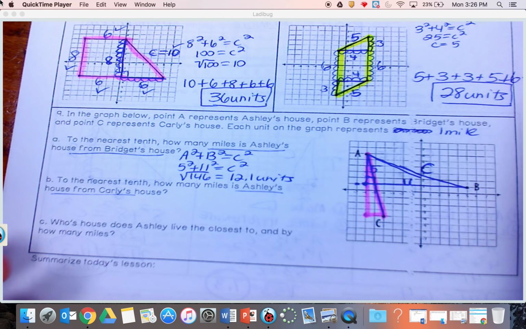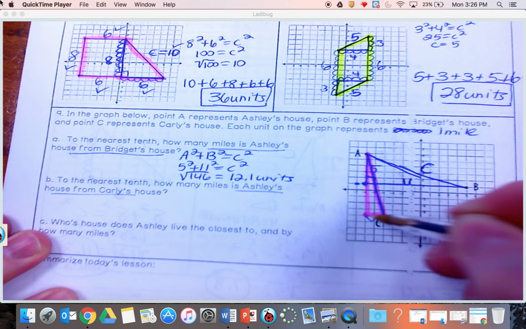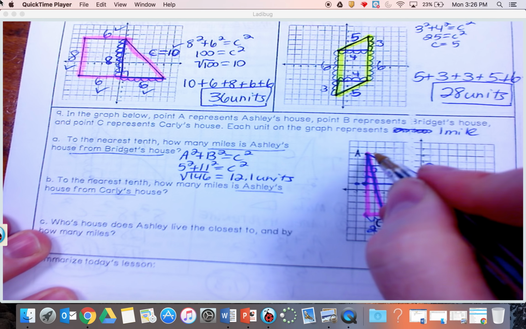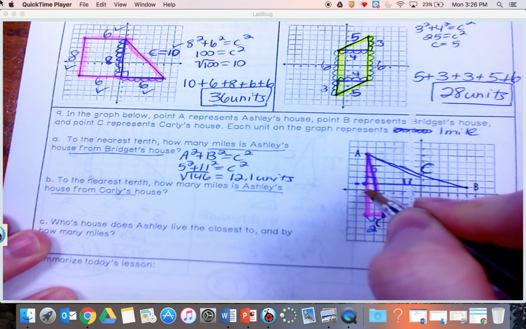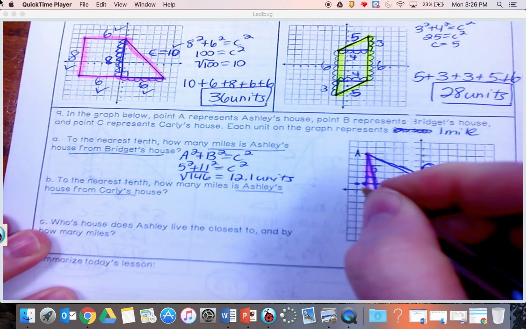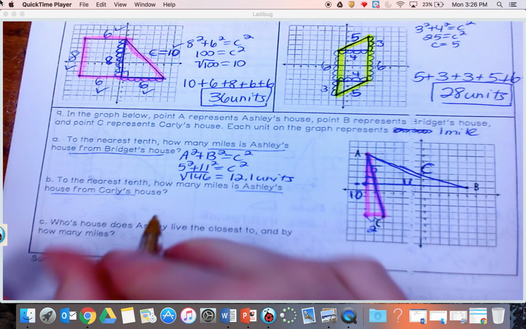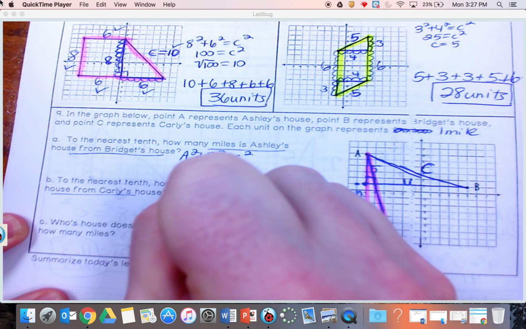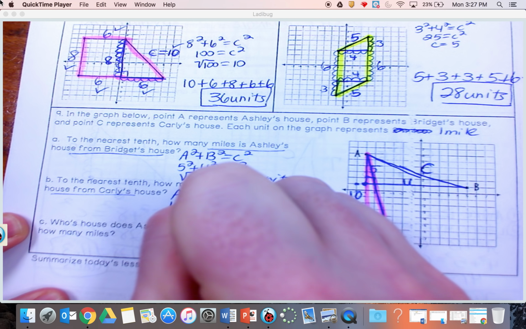And I'm looking for this side right here. So I just find this out. This is 2. This is going to be 1, 2, 3, 4, 5, 6, 7, 8, 9, 10. So I got a 10 by 2 triangle. I'm looking for the hypotenuse, so I put it into my equation. 10 squared plus 2 squared.